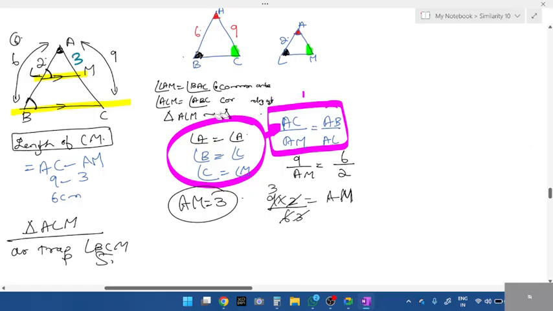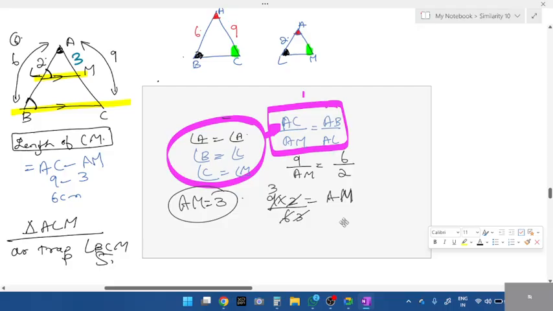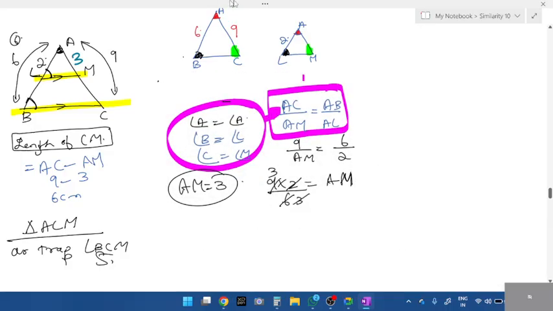See, this part was not required. They didn't ask us to prove. But this pink one is the most important point. According to the corresponding angles, sides will be proportionate, not equal, proportionate.